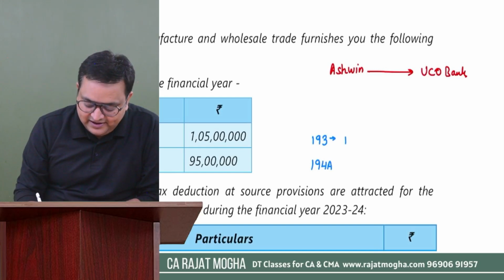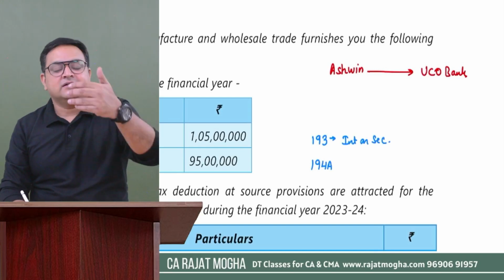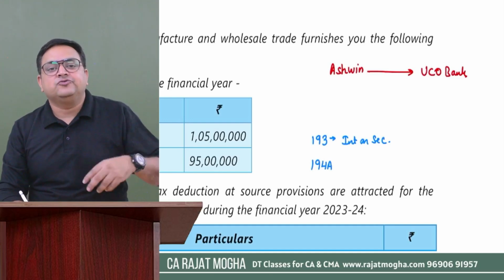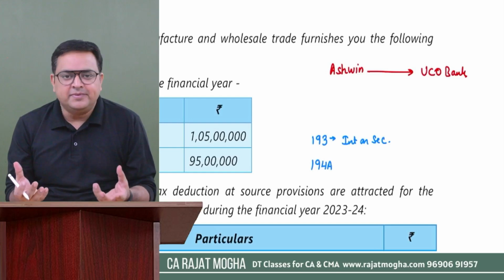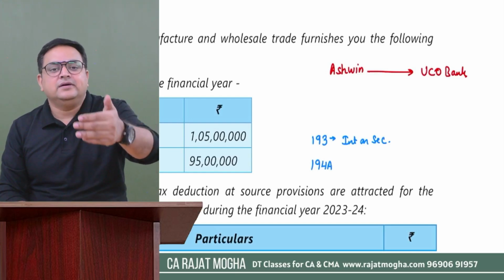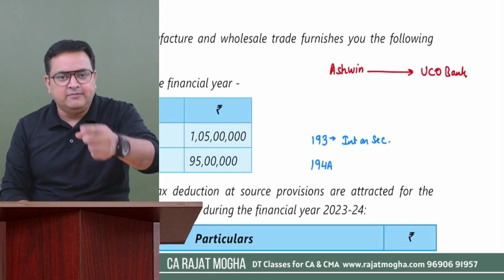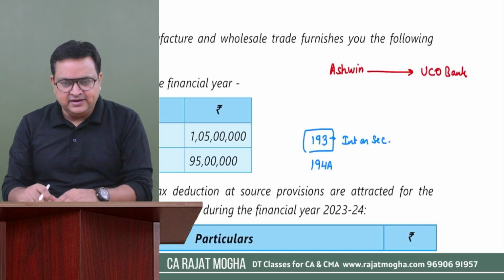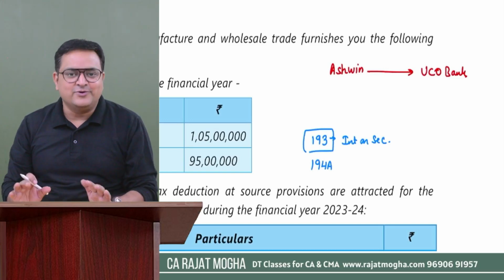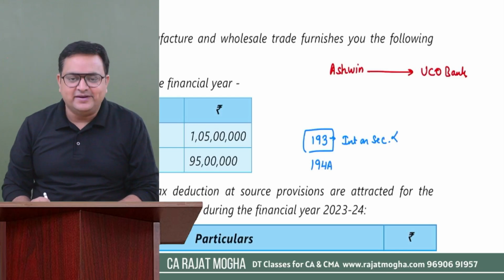See, 193 deals with interest on securities. So whenever you pay interest on securities, like interest on debentures or interest on bonds, so generally who issues debentures? Company. So if a company is paying interest on debentures, then they are liable to deduct TDS under section 193. So as of now, here, it is not on securities. So this section will not apply over here. Correct.